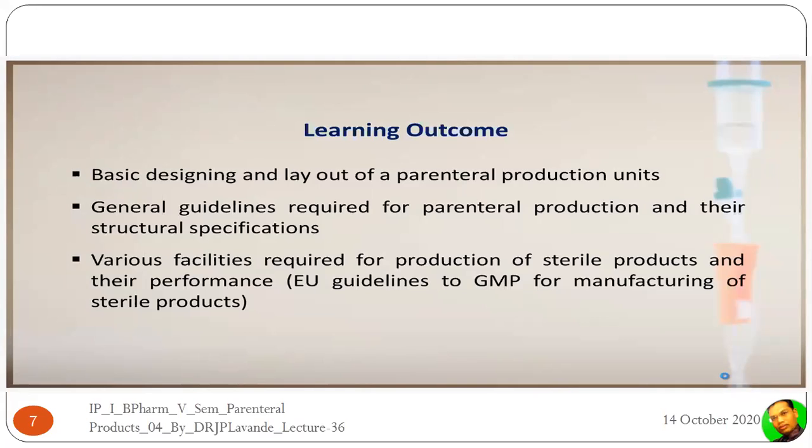All these will be the topics of our discussion, and all are related to the process of production of parenteral products, their factory requirements, and everything associated with their production.